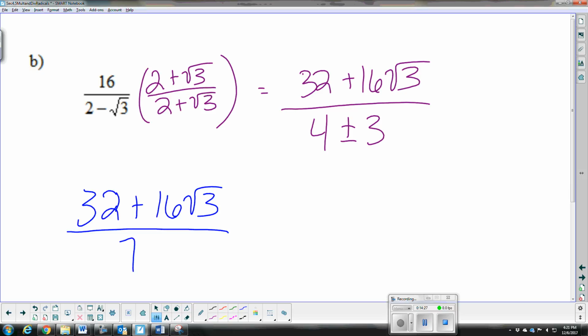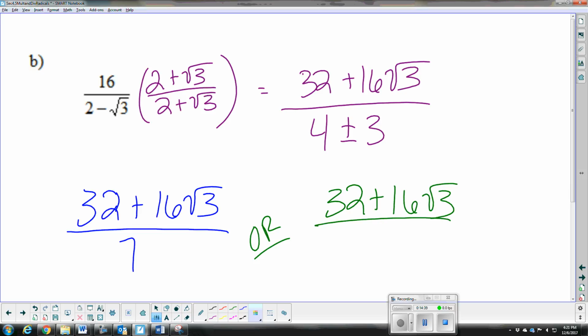And our second answer, we would have 32 plus 16 times the square root of 3 divided by 4 minus 3, which is 1, which if you write this in simplest form is just 32 plus 16 times the square root of 3.